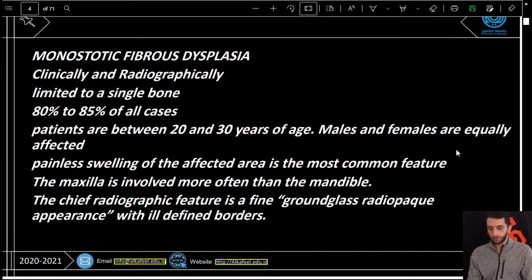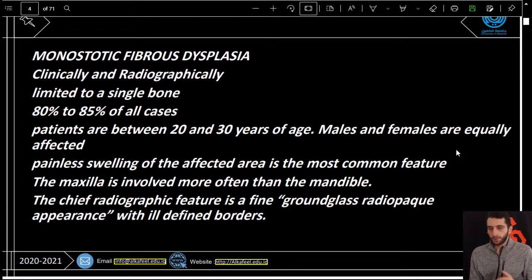Monostotic fibrous dysplasia. And what is the monostotic fibrous dysplasia? Clinically and radiographically, we will make sure to understand such a lecture quite well.